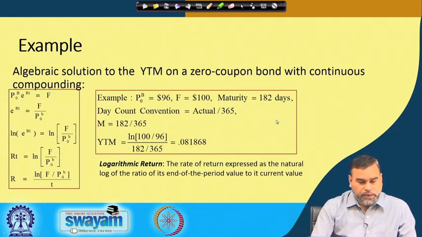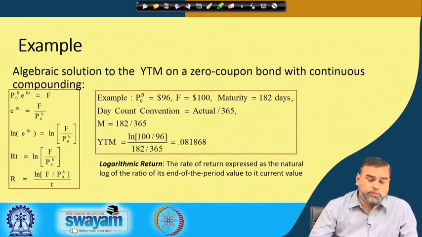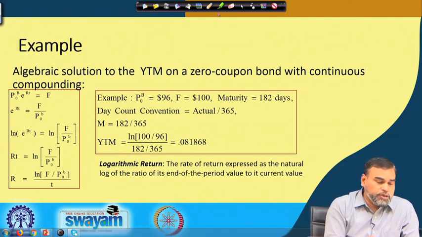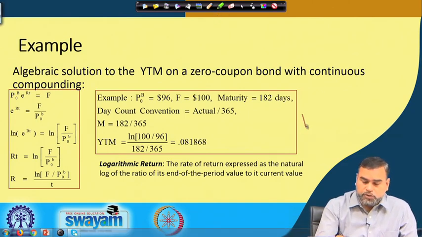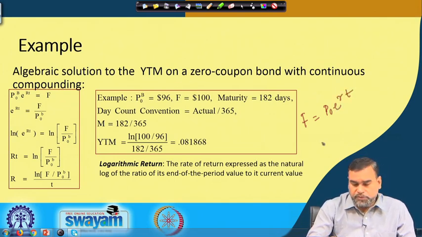So, if you go for continuous compounding, then it can be used in this way. You already know what we mean by continuous compounding. That means F is equal to P0 e to the power rt, and that means e to the power rt is nothing but F by P0.